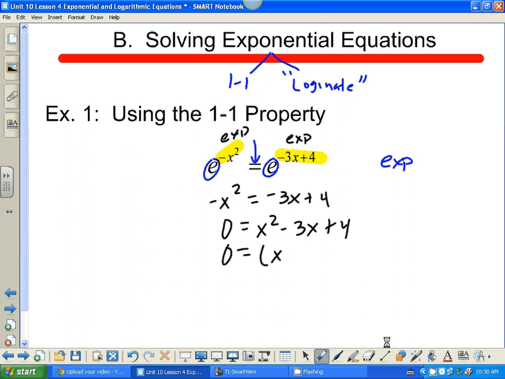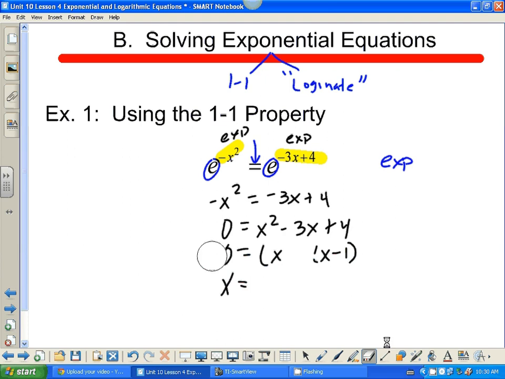This is a quadratic equation, so I am going to solve by factoring. Let's try that again. x squared minus 3x plus 4, hold up. I don't think it does factor.